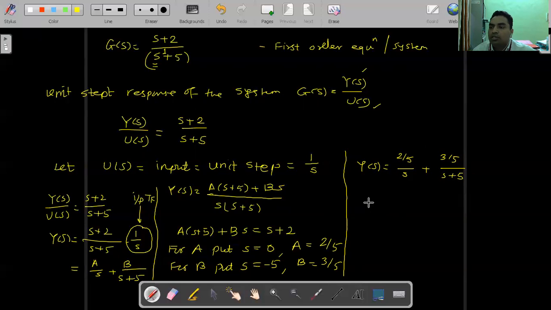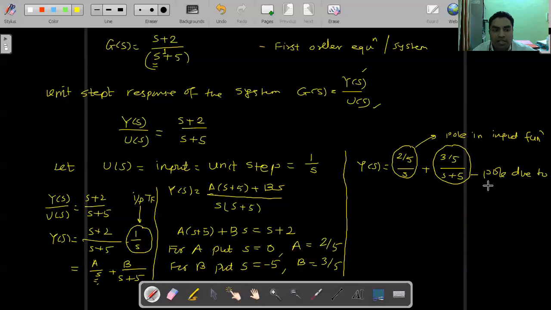Now here, this response that I have got is due to the pole in the input function. Here A upon s, 1 upon s, this is because of the input. So 2 upon 5 upon s is the pole due to the input function, and this is the pole due to the system transfer function.